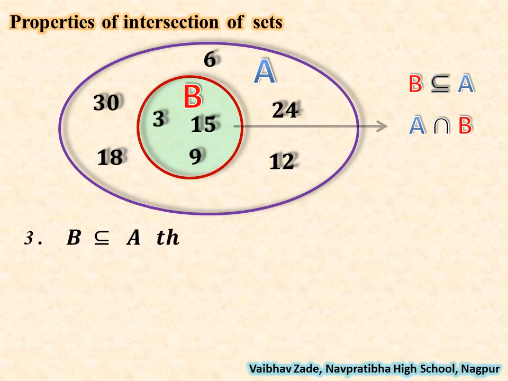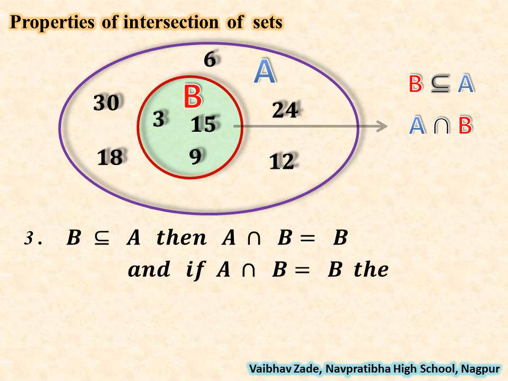Our next property is: if B is a subset of A, then A intersection B equals B. It means if set B is a subset of A, then the intersection of both sets is set B, and vice versa, if A intersection B equals B, then B is a subset of set A.